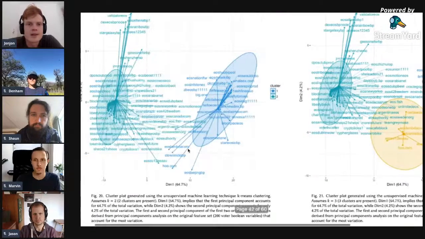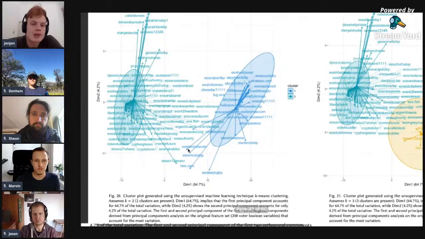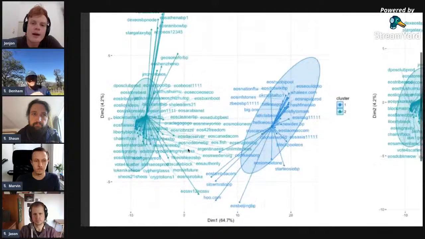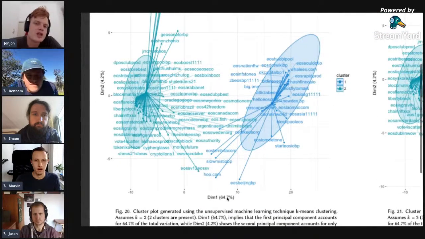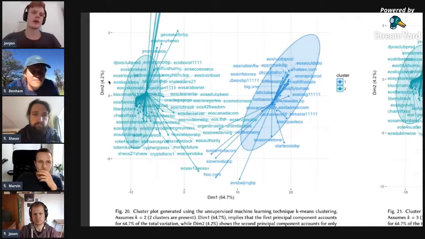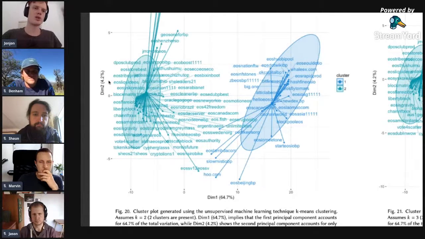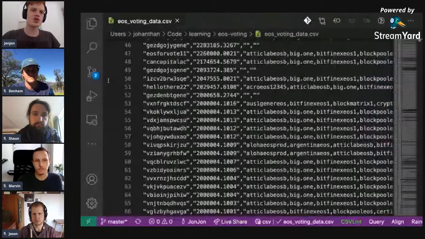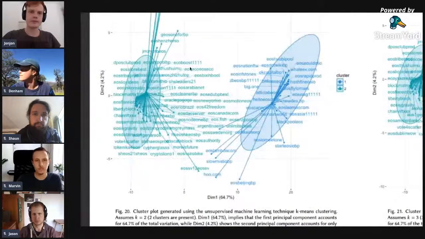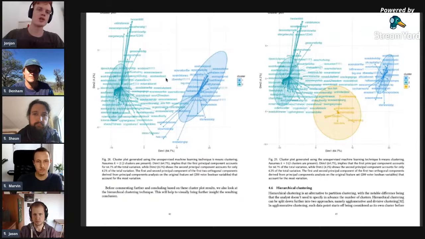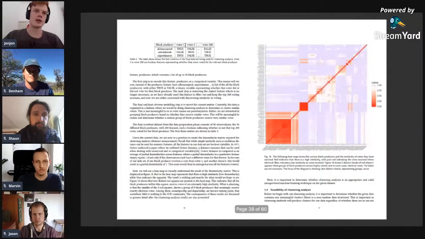Yeah, so these are some of the cool cluster plots you can generate in R, and the axes are dimension 1 and dimension 2. Again, this is all getting quite theoretical, so I'm going to brush over it. But you use something called principal components analysis, and basically the idea is if you have 200 features, you can't plot it against voter 1 or voter 2.